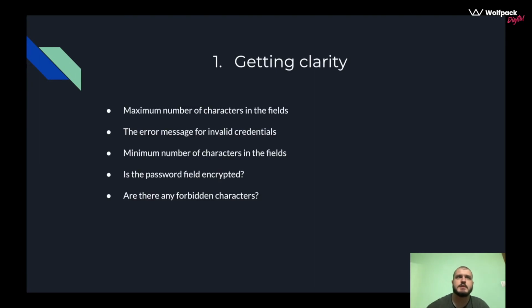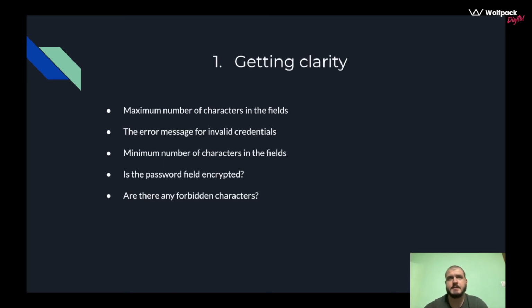And how do we do that? We try to check what's the maximum number of characters which can be inputted in the fields. We can try to see how the error messages look for invalid credentials. We can try to see what's the minimum number of characters, or if the password field is encrypted, or if there are any forbidden characters, and so on and so forth.